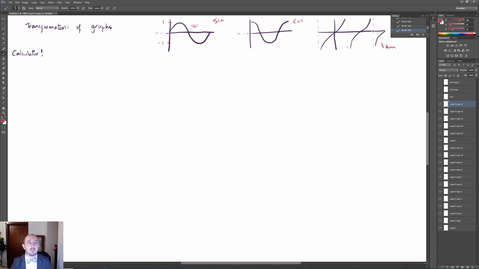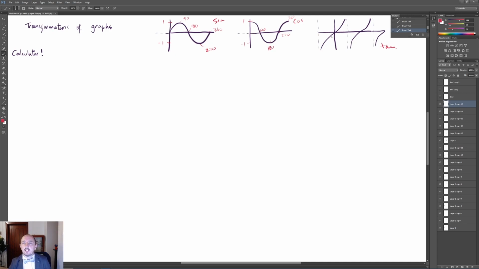So sine goes through 180 and 360, and its maximum is at 90 and its minimum is at 270. And for cosine, we go 1, negative 1, this goes through 90 here, 270 there, its maximum is at 360 and 0, and its minimum is at 180 there.